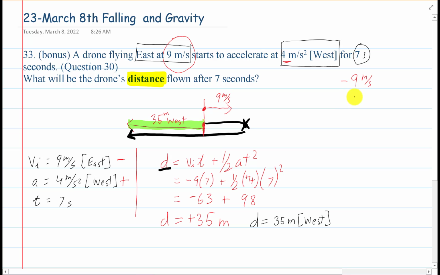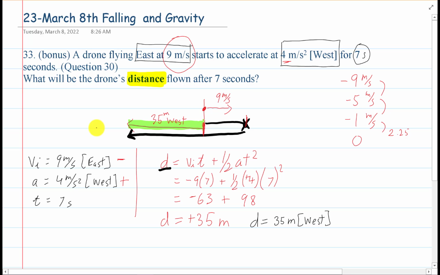So after 1 second, it'll be going -5 meters per second. And then after another second, it'll be going 1 meter per second. And then maybe another quarter second, because it's changing by 4. So this will be like 1 second, 2 seconds, about 2.25 seconds till it stops. So it'll take 2.25 seconds to get here, and then it's going to fly all the way back.